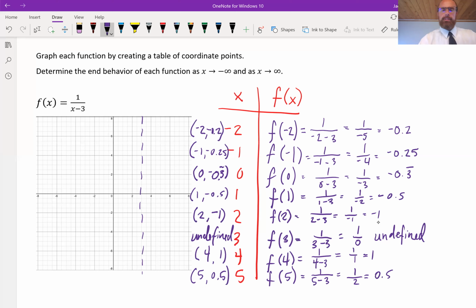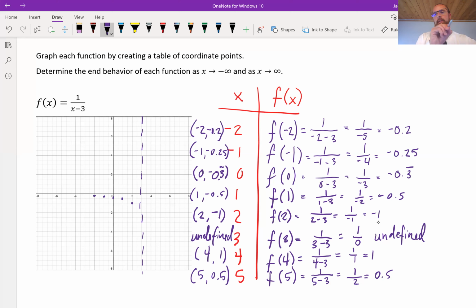We're going to graph them at this time. So we'll start here on the left at -2, and that's at -0.2, so very close to the x-axis. -1 is also very, very close. 0 is down at -1/3. 1 is at -0.5, and 2 is at -1.